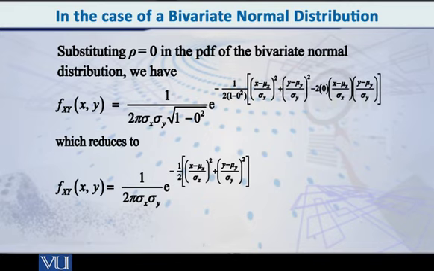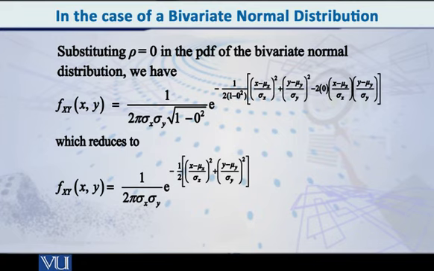और जो एक्सपोनेंट है उसमें क्या हो रहा है? एक्सपोनेंट में e raised to जो है क्या है? -1 over 2 into 1 minus 0 square. क्योंकि रो को आपने 0 रखना है ना, तो वहाँ पे भी 1 minus 0 square is equal to 1. You don't need to write it, so you just simply get -1 by 2. और उसके बाद वो स्क्वायर ब्रैकेट, उसके अंदर वो जो 3 टर्म्स हैं उनमें से एक टर्म के अंदर रो आ रहा है और वहाँ पे अगर आप 0 पुट कर दें तो जाहिर है कि पूरी टर्म 0 के बराबर हो जाती है.